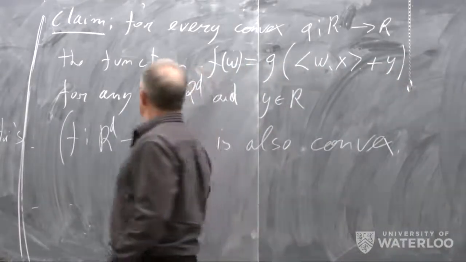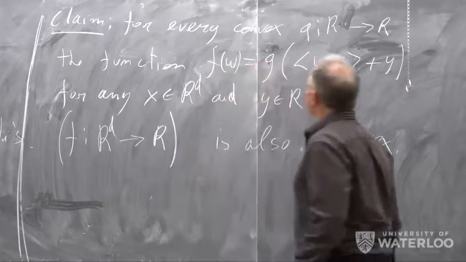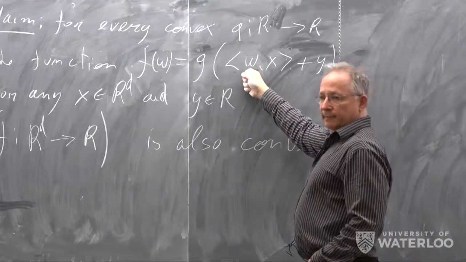And again, the proof is pretty straightforward, and it just relies on the fact that I have to insert here u plus alpha v.